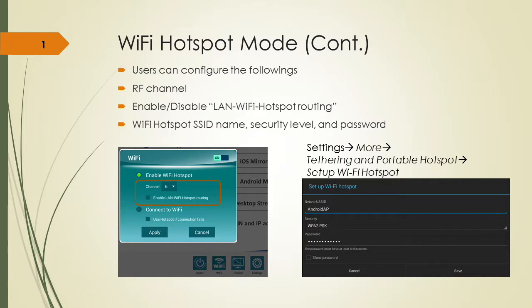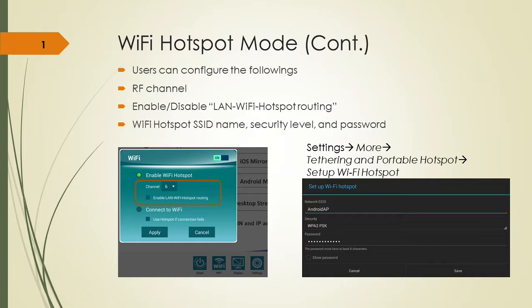Novo Pro devices equipped with firmware version 2.2 and above have additional features for configuring the Wi-Fi hotspot operation. First, you can change the Wi-Fi channel, which could reduce wireless interference significantly. Second, if you enable LAN Wi-Fi hotspot routing, this will piggyback your Ethernet connection, which enables internet access for those connected to the Novo Pro hotspot.